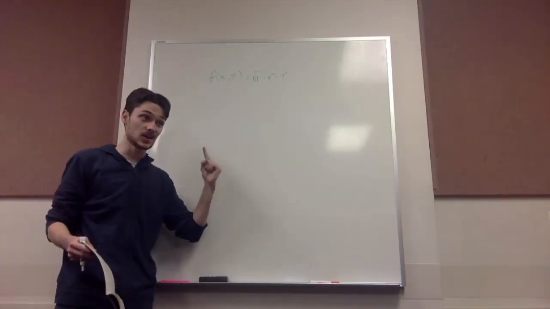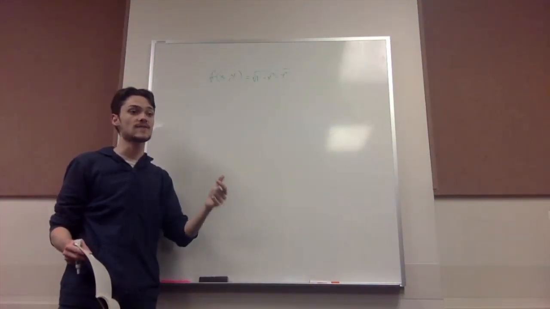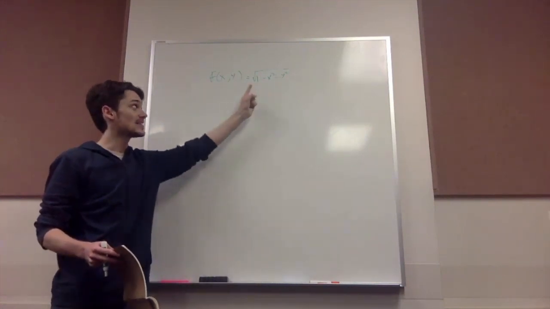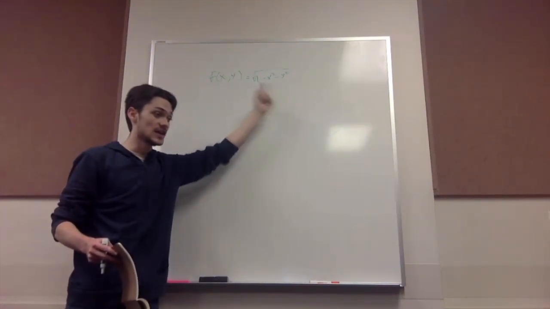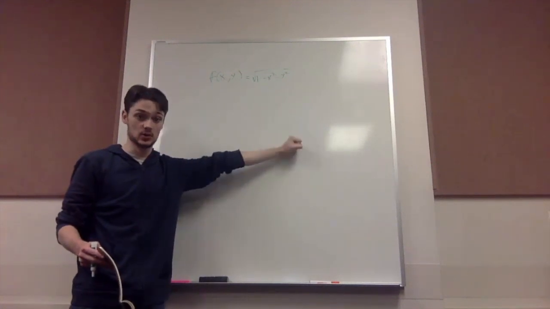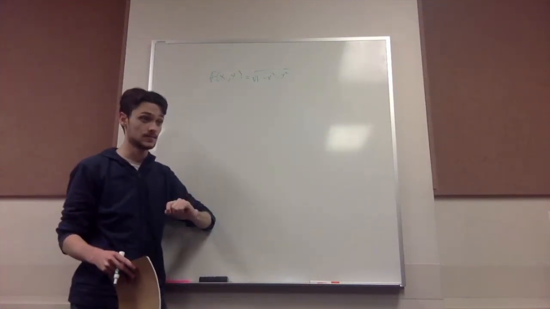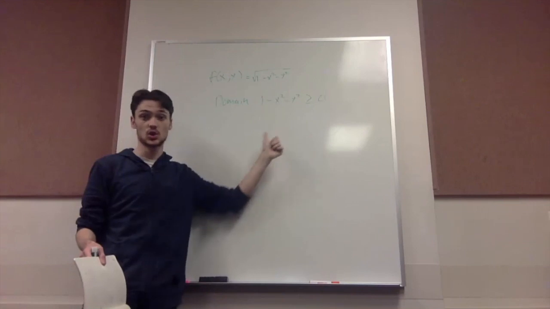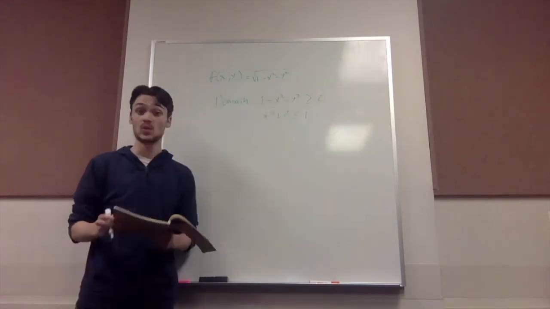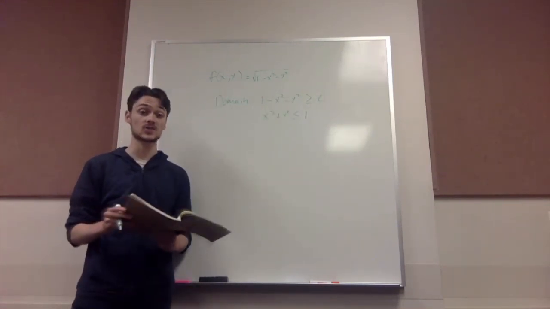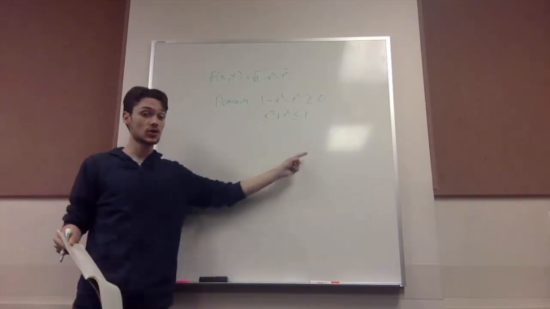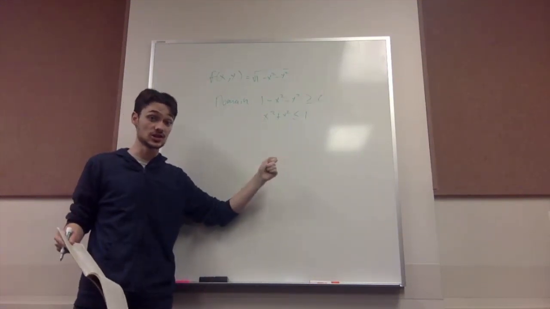Since this thing is under the square root, we know that for it to be defined, the inside of the square root needs to be greater than 0. It can also be equal to 0, because root 0 is just 0. So this has to be greater than or equal to 0, which means that x squared plus y squared has to be less than or equal to 1. So this is going to be where our multivariable function is defined.